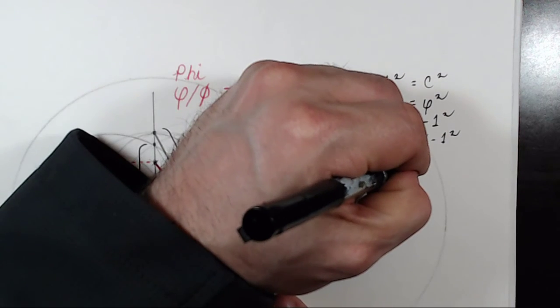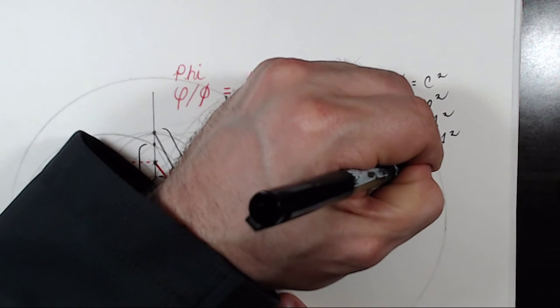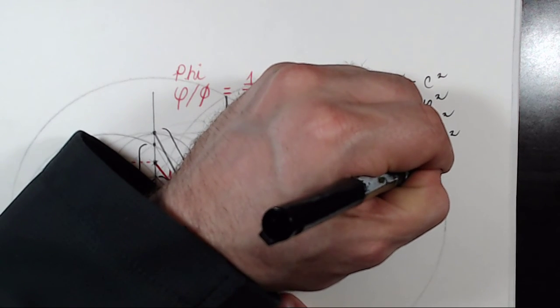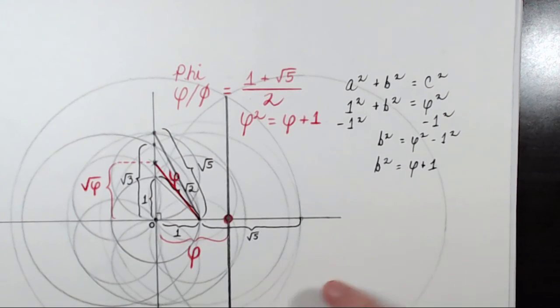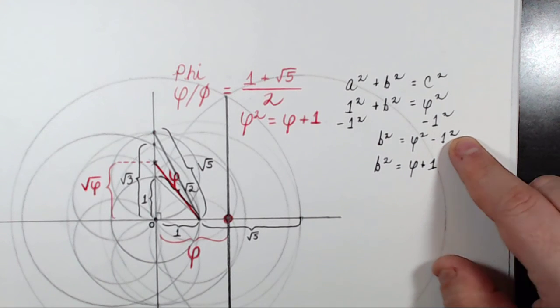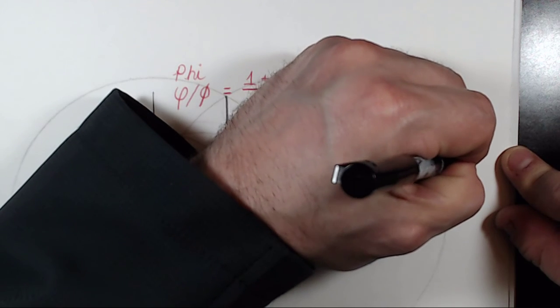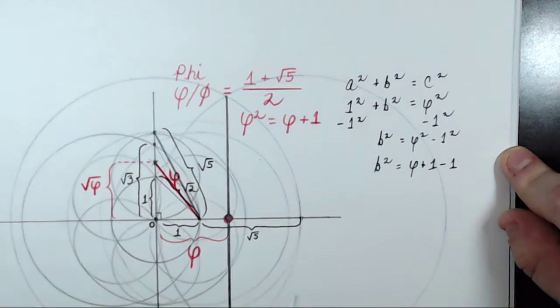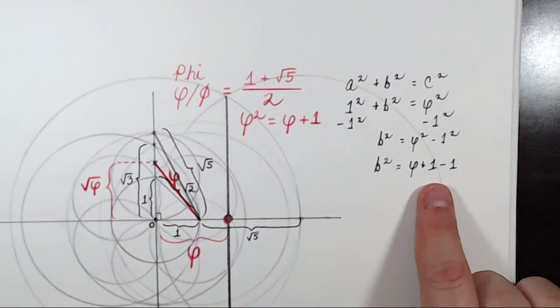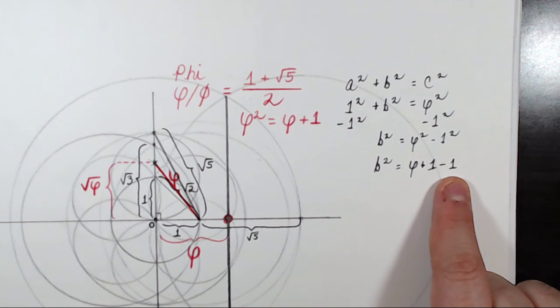We're going to say phi plus 1 and then minus 1 squared. Well, 1 squared is 1. So I'll say minus 1. Well, 1 minus 1 is 0.